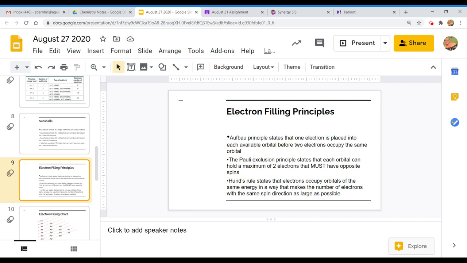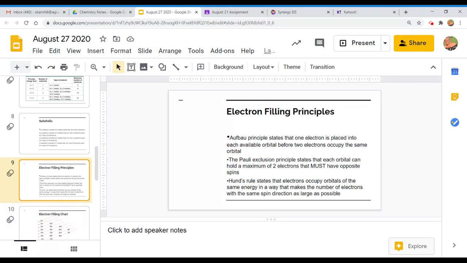That means everybody gets their own place. If we've got say a set of D orbitals that we're putting electrons in, everybody gets one seat on the D bus before anybody pairs up and sits with somebody else. Every D orbital gets at least 1 electron before we start pairing up.